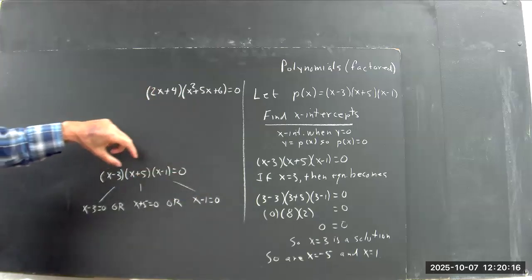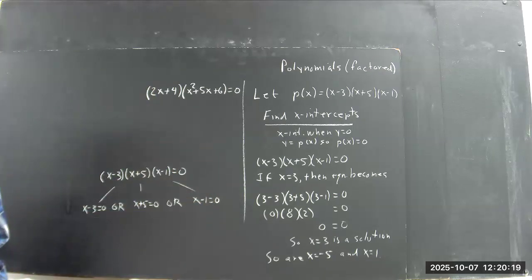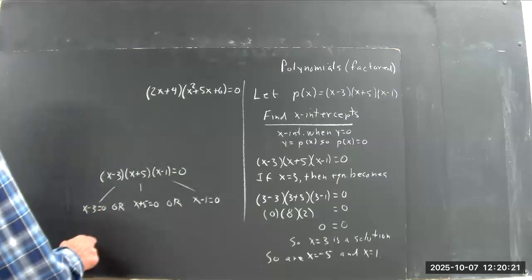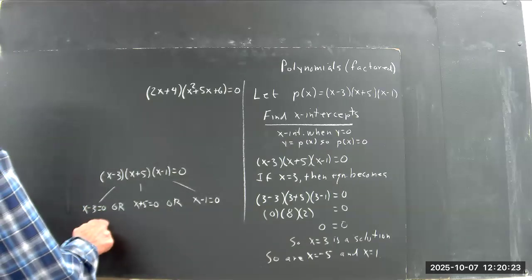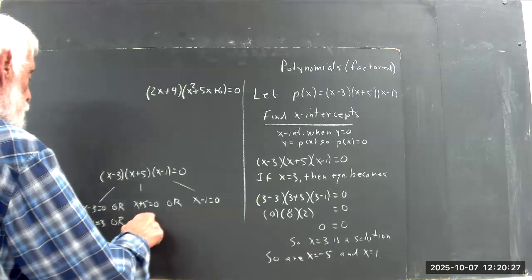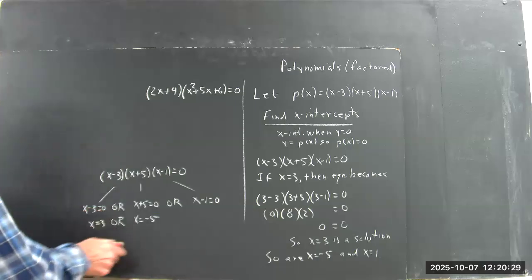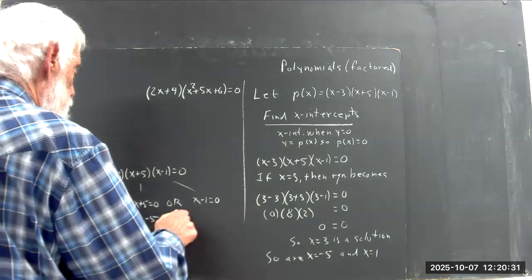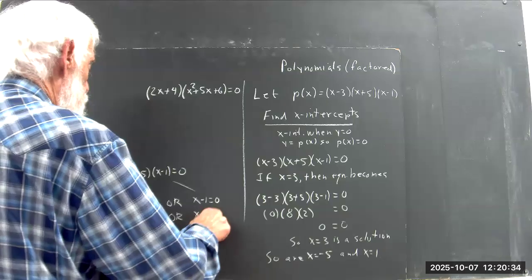That just says if any one of these is 0, the whole thing is 0. And we solve this by adding 3 to both sides, subtracting 5 from both sides, or adding 1 to both sides.